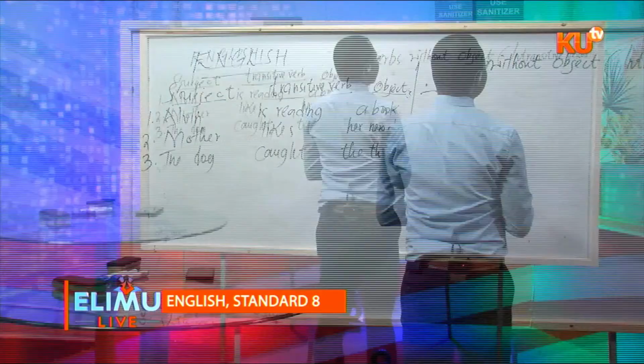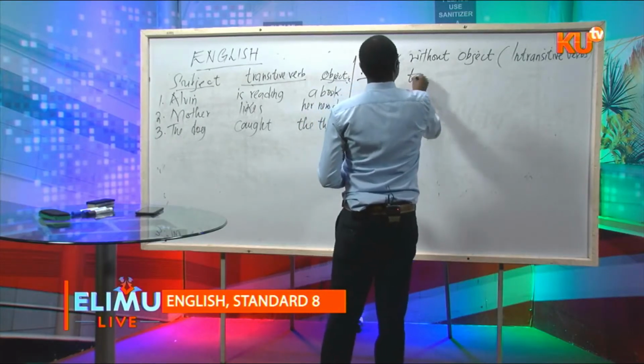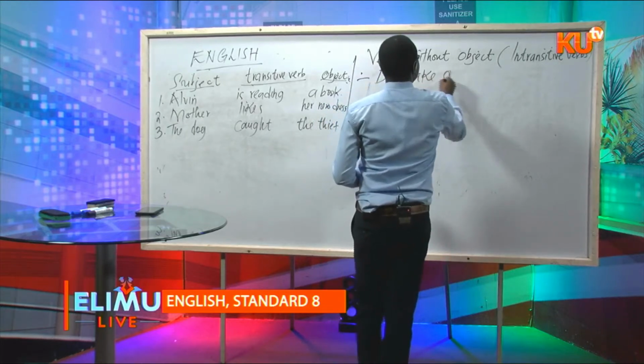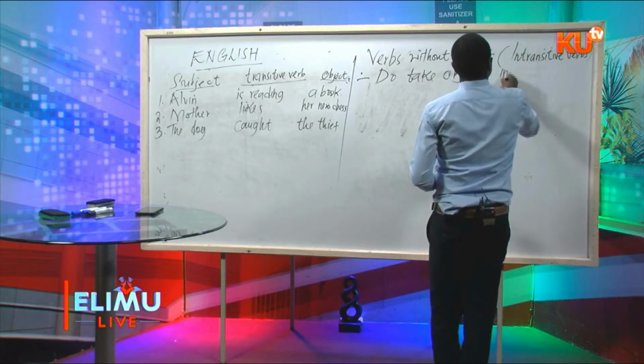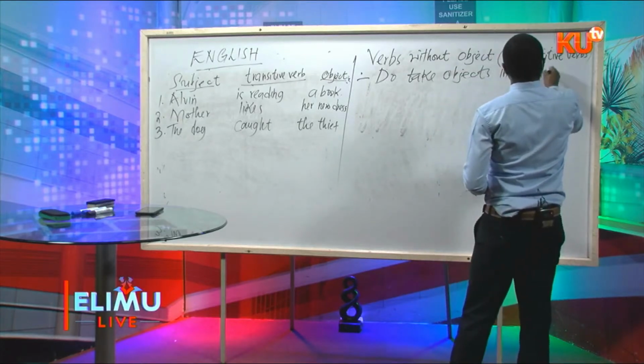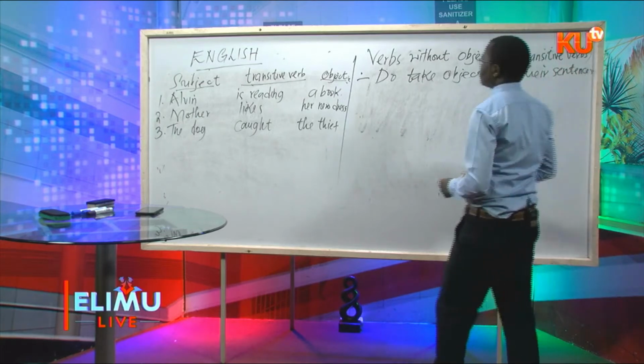So we say verbs without objects do not take objects in their sentences. An object is not there.